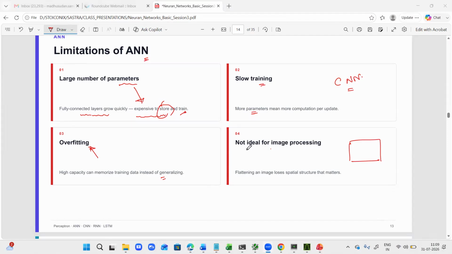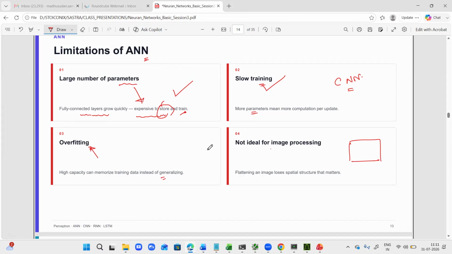So these are the limitations of ANN. As I told you, it becomes computationally very expensive. Training also becomes pretty slow because you have to go back and forth, and there are going to be more and more parameters.